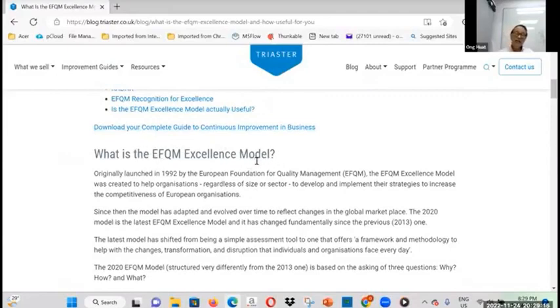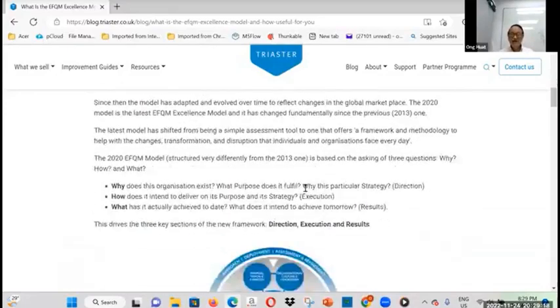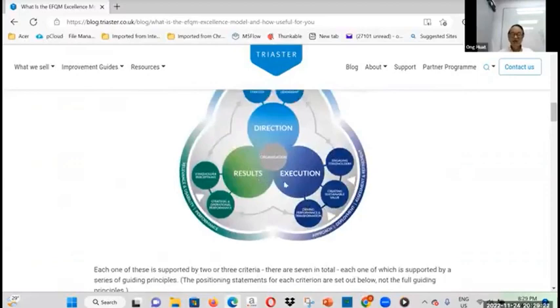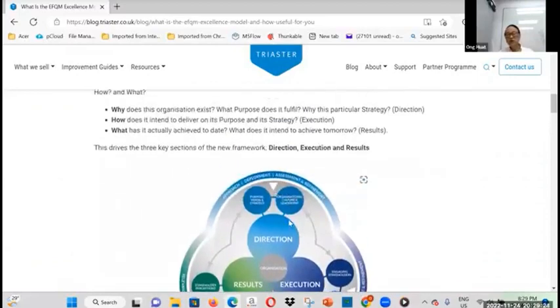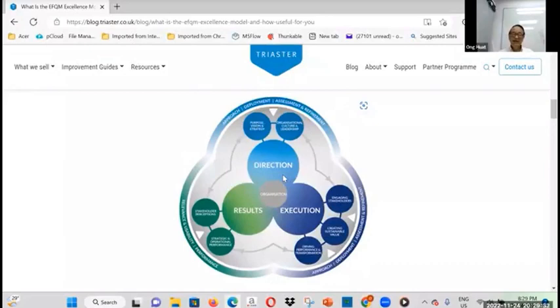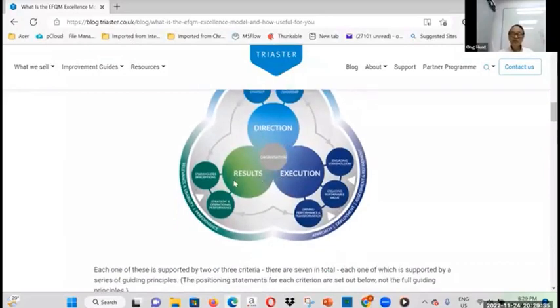So you have to cleverly show that you understand what is direction, what is result, what is execution. Of course, those small words left and right here may not be so important. At least you know these are the key focus of that model, right? And then you know there are three circles which you have to mention. So what are they? Result, direction, execution, what are they?